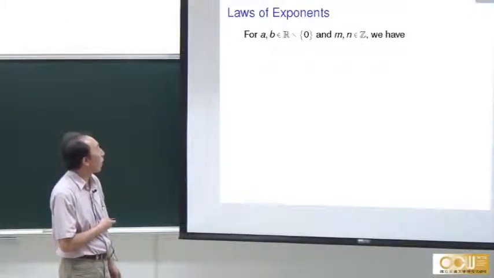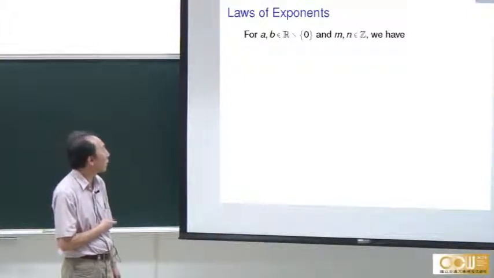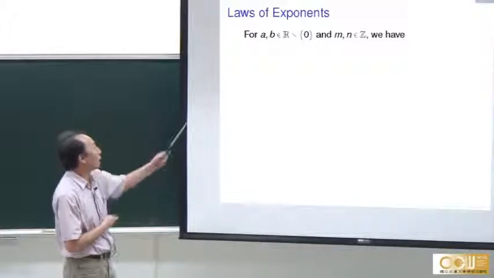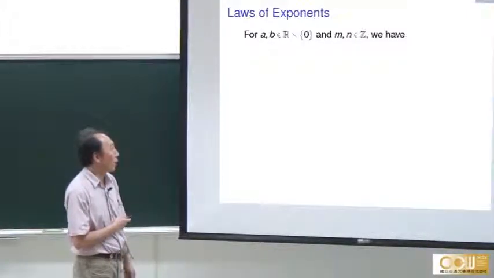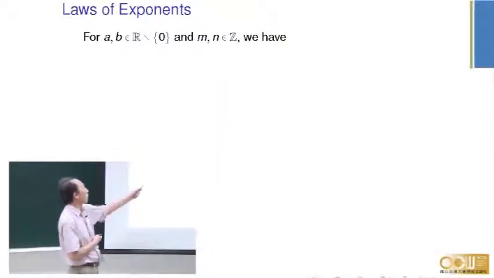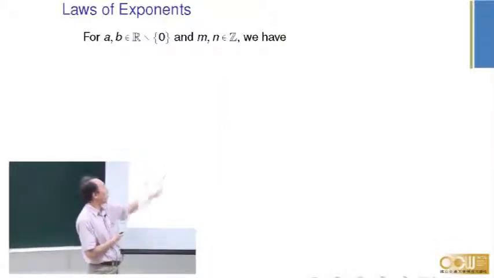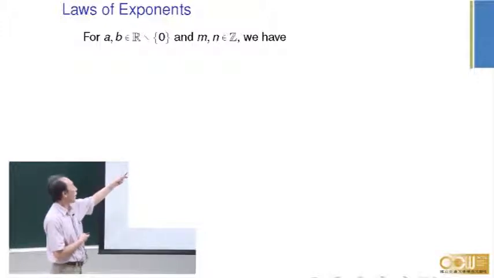The laws of exponents: they satisfy some properties. Here a and b represent the base numbers, and m and n, any integers, represent exponents. Then we have this: the same base number with different exponents, their product equals the same base raised to the sum of the exponents.